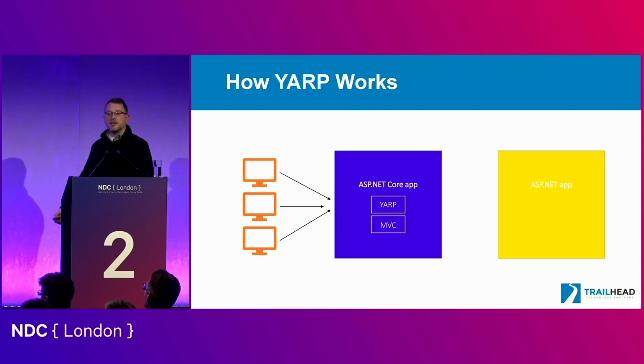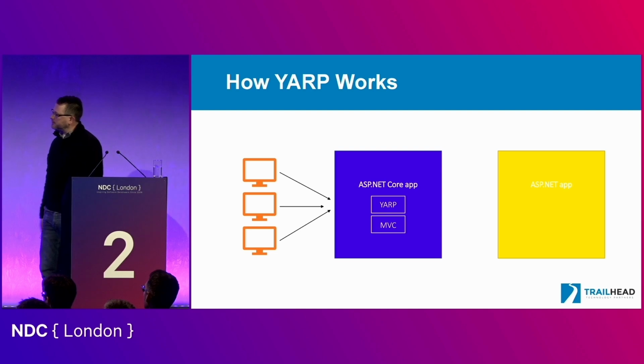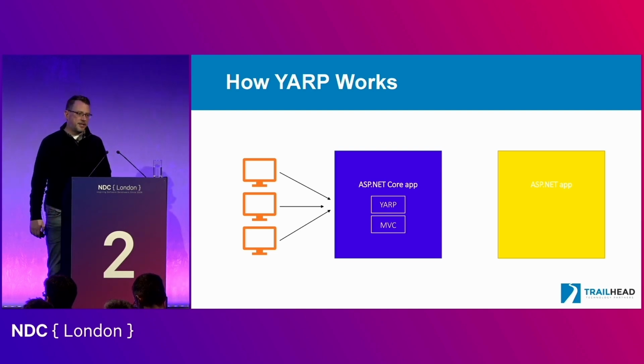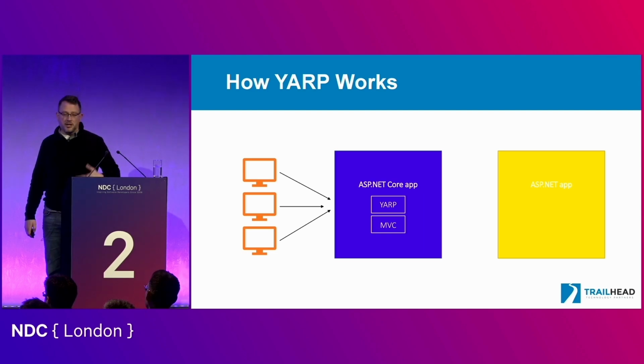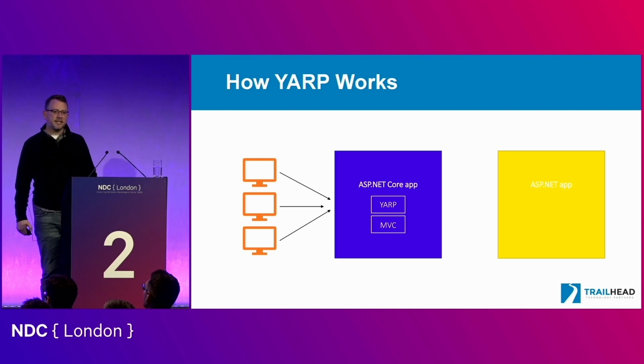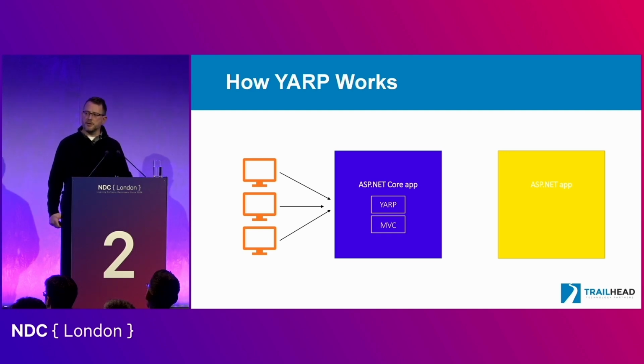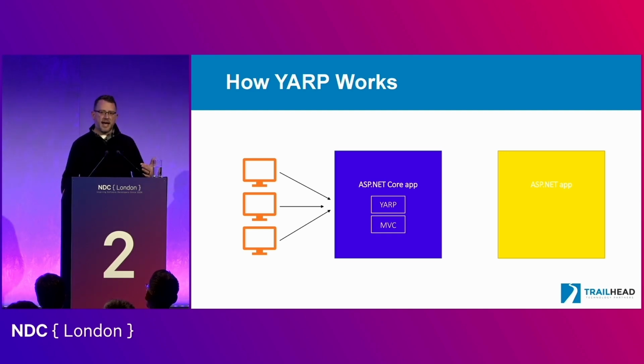So how does it work? Well, it's a NuGet package that you install into an ASP.NET Core application. And then when traffic comes in from clients, it hits that ASP.NET Core application first. Now, you might know ASP.NET Core well enough to know that it's got this thing called middleware. There's a request response stack, essentially, that is created by this middleware.